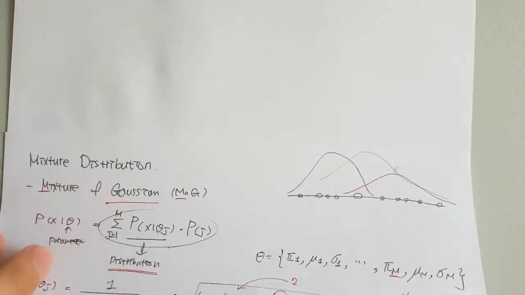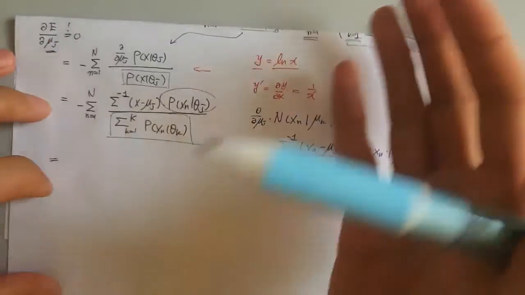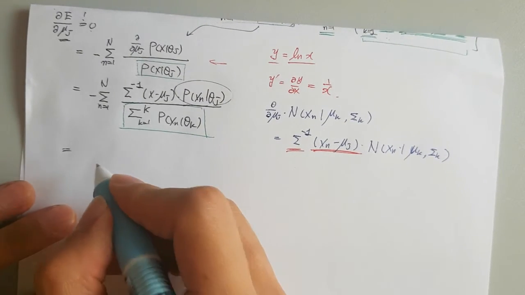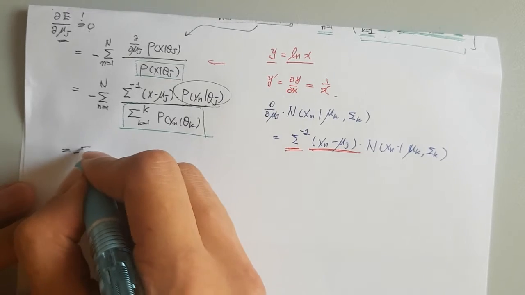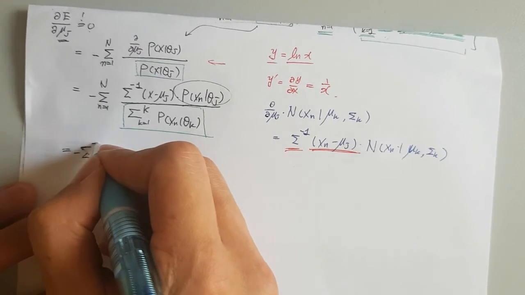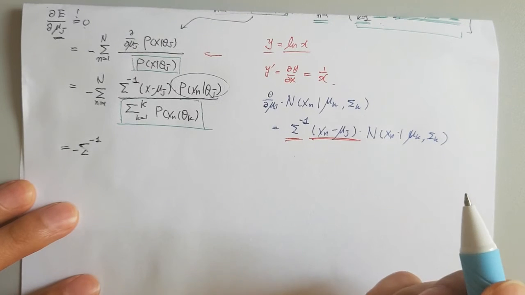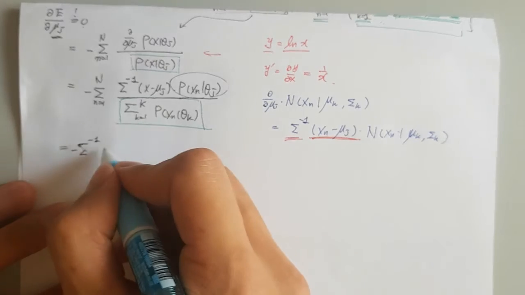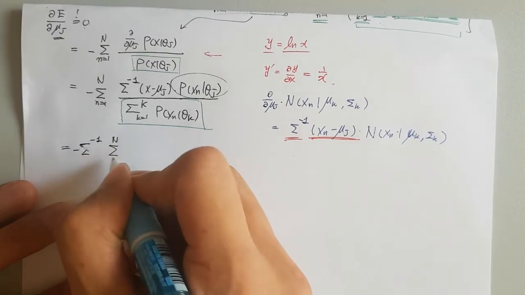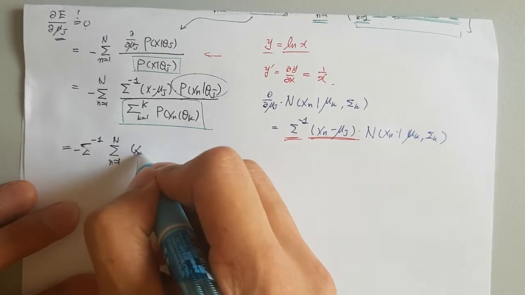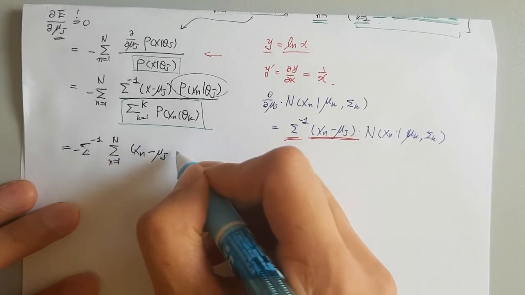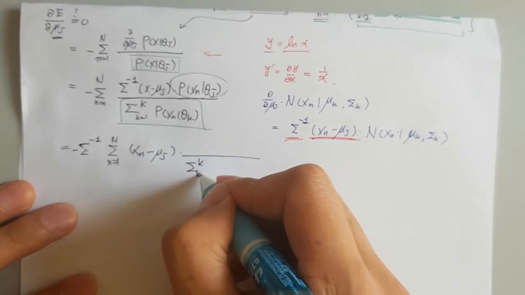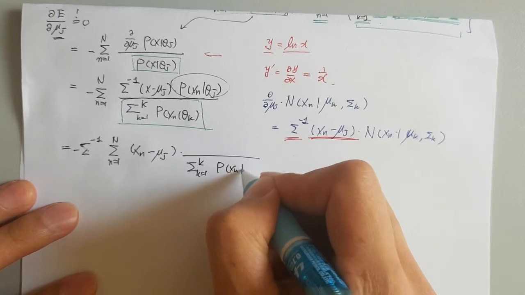Here is minus, because this is a constant matrix, or just a constant in the case of one dimension, so it goes outside, and sigma n, xn minus mu j, and here again I quickly write this equation.